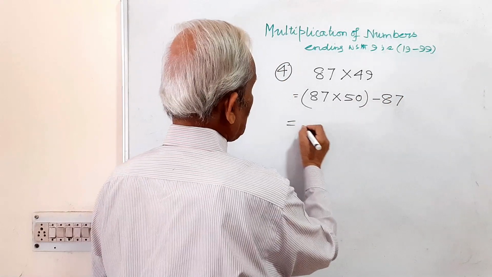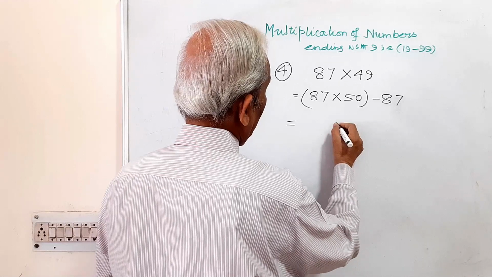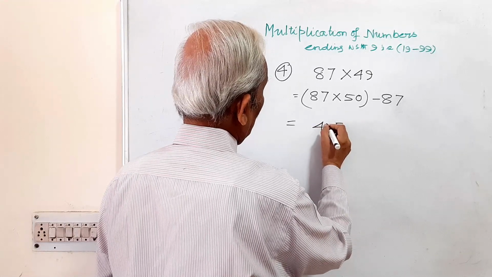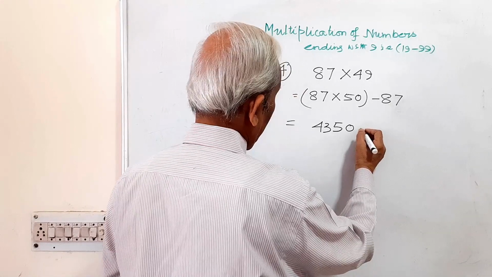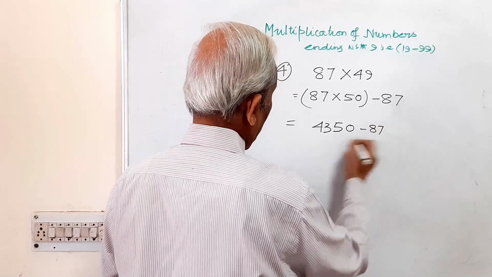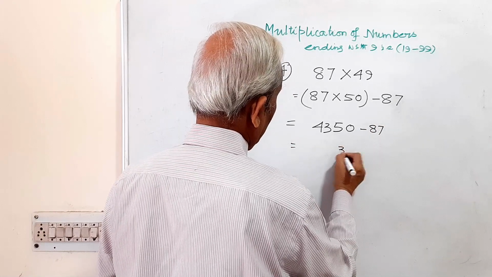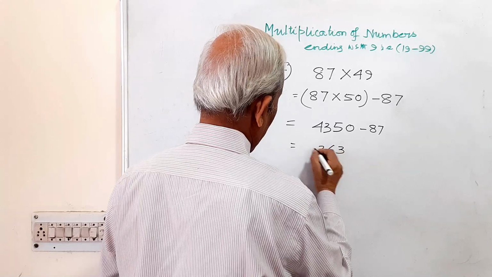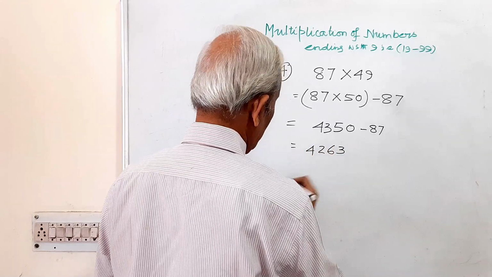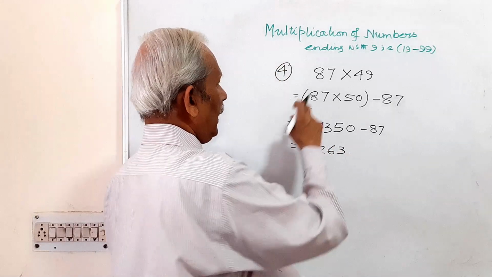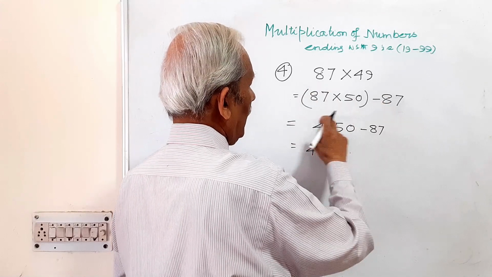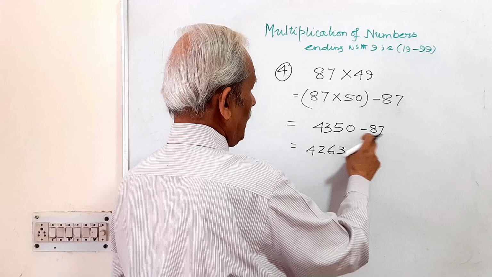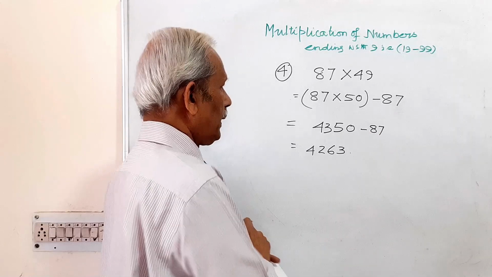So this comes to 4350 minus 87, which comes to 4263. 87 into 50 minus 87. This comes to 4350 minus 87, 4263.